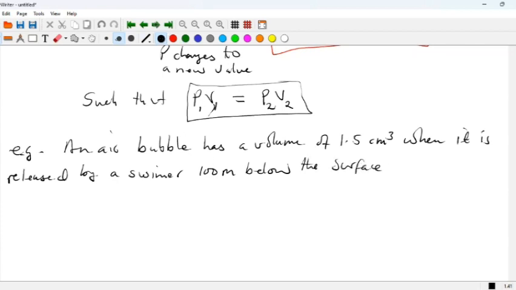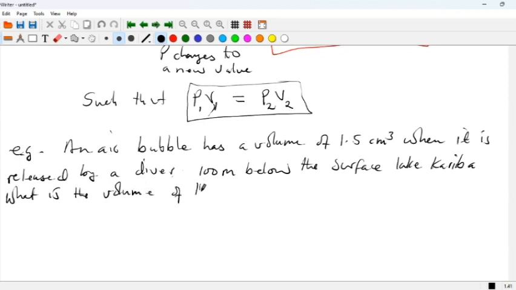Let's not call them a swimmer, because a swimmer doesn't swim at this depth. Let's call them a diver, because the swimmer cannot be that deep. So it's released by a diver 100 meters below the surface of Lake Kariba. What is the volume of the bubble when it reaches the surface?